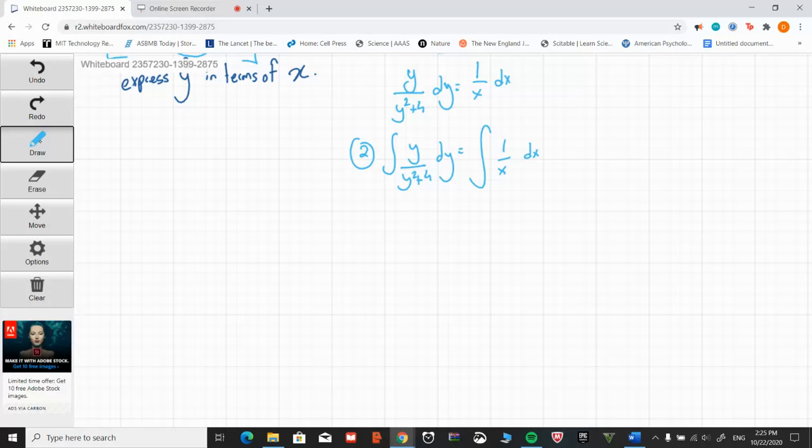Recall from the integration chapter that we learned various techniques of integration. For example, integration of reciprocal functions after partial fractions. We learned how to use integration by parts. We learned how to integrate sine squared and cos squared using the cos 2 theta formula.